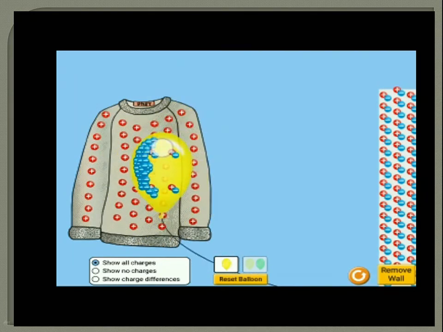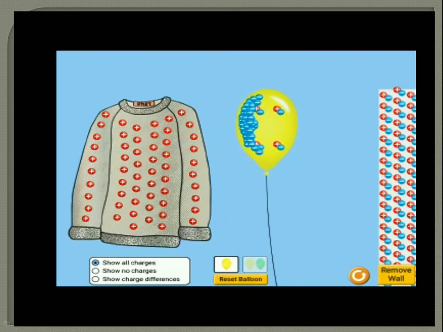By rubbing the balloon onto the jacket or the sweater, the balloon has taken all the electrons or most electrons of the jacket onto its surface. Since the balloon has its own electrons and it got some additional electrons, the balloon is said to be charged negatively.